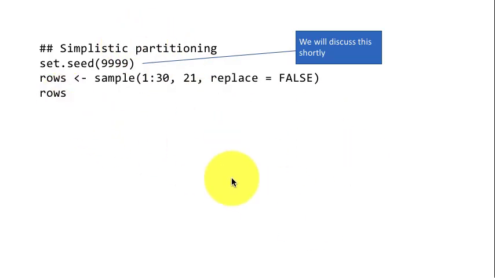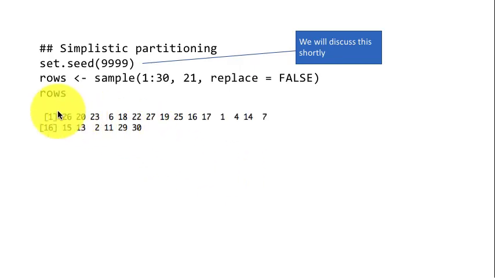So if I now do rows, it shows me that these are the 21 rows that it selected. Row number 26, number 20, number 23, etc. Notice that all of these numbers are between 1 and 30 because it selected 21 numbers from that set of 1 to 30.